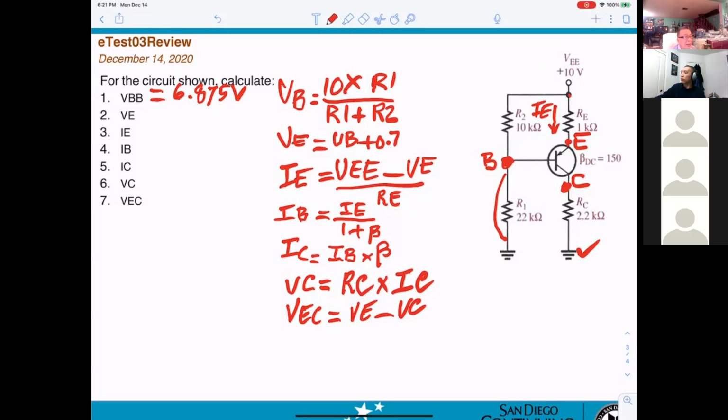Let's see, IE, you take 10 minus VE and divide by RE. Who got the answer? 2.425 milliamps.